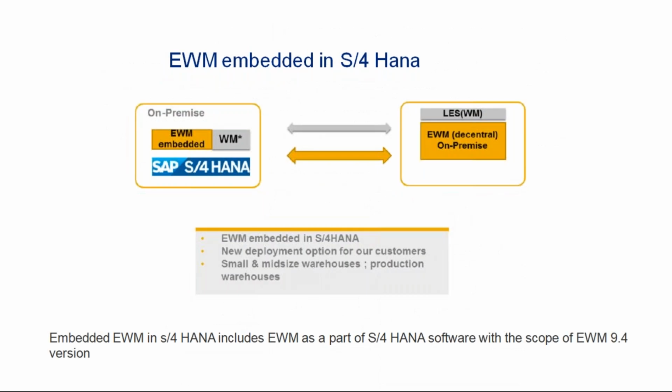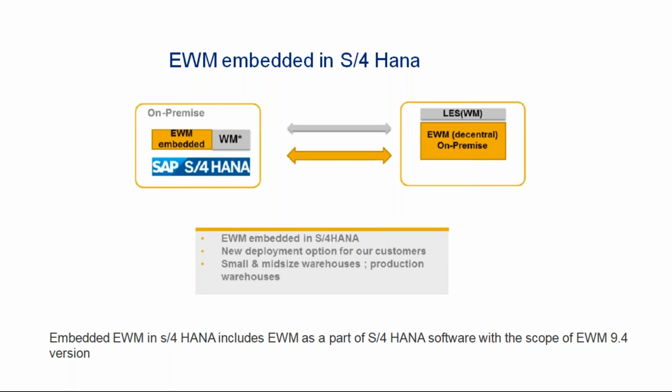Okay, so this embedded EWM is released as part of S4 HANA with 1610. This embedded EWM is equivalent to version 9.4 in the SCM server. In the SCM server also the 9.4 version is there, and 1610 is a version in S4. And as and when SAP is releasing an S4 version, it is adding some functionalities of EWM, and also it is adding functionalities in the SCM server.